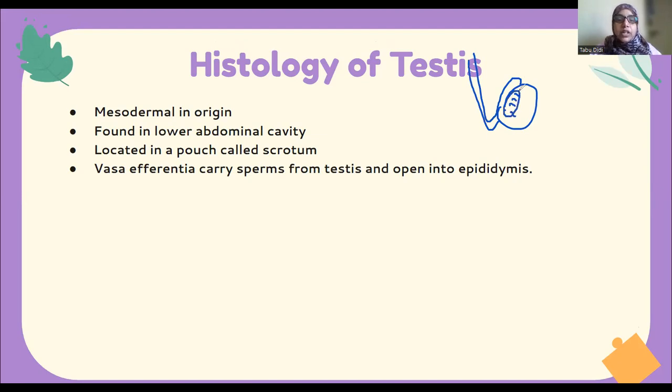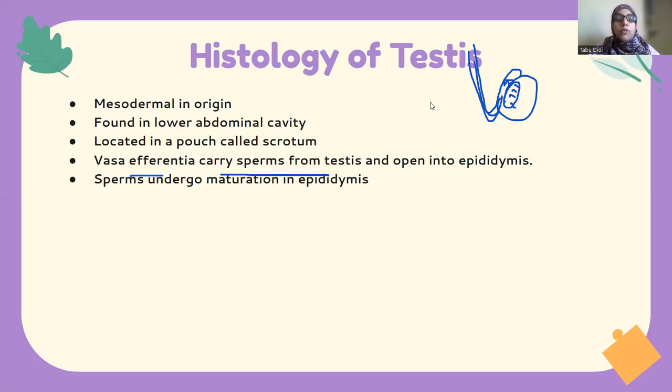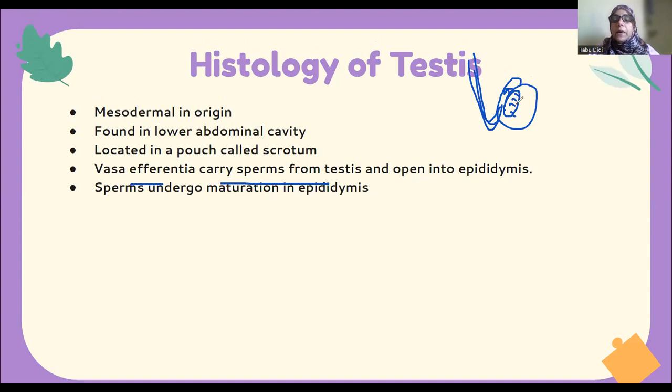So the junction over here is vasa efferentia, carrying sperms from the testes to open into the epididymis. So they will open here, and then they will go through the vas deferens. Sperms undergo maturation in the epididymis. So all the sperms which are now formed, the last maturation stage will happen in the epididymis.